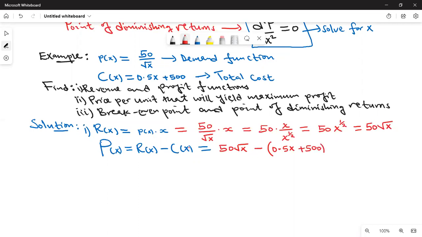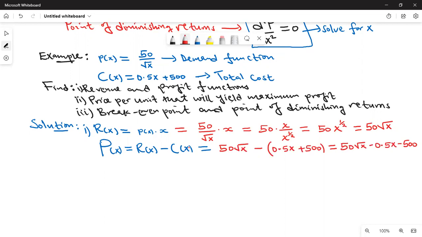When I subtract, I'm going to get the profit as 50 root x minus 0.5x minus 500. That is our profit function.